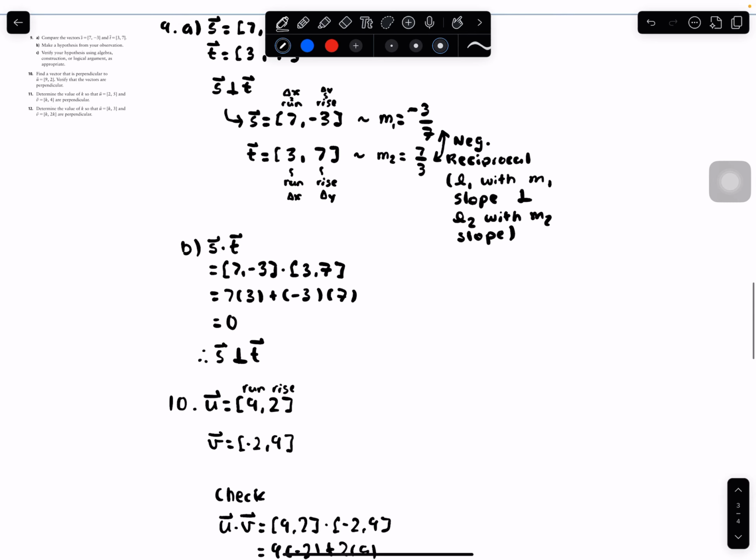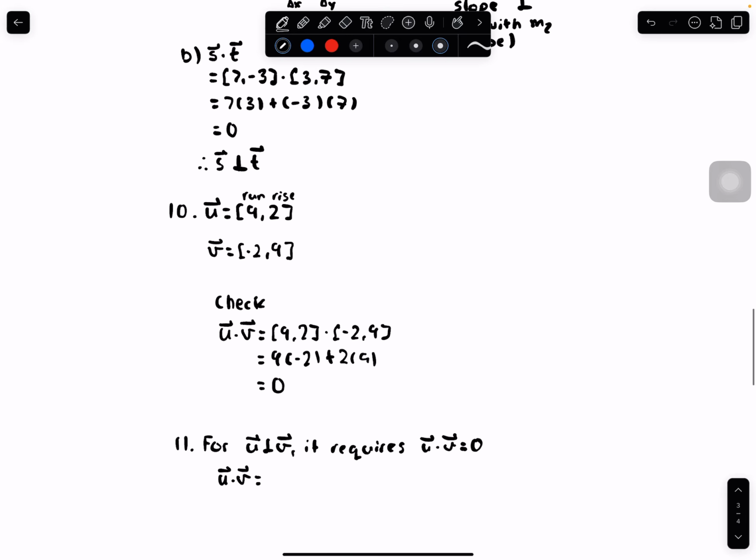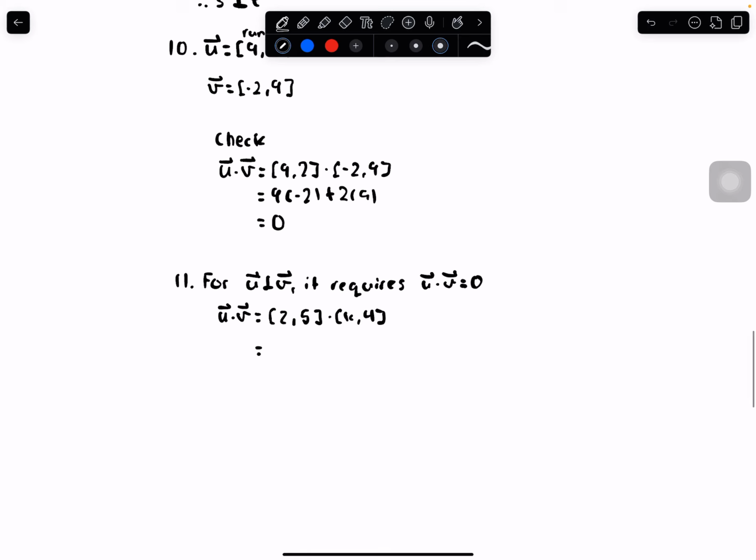We have 2, 5, and k, 4. Dot k, 4. Okay, so then we get this dot product is equal to 2k plus 5 times 4, which is 20. And we're saying that it must be equal to 0.